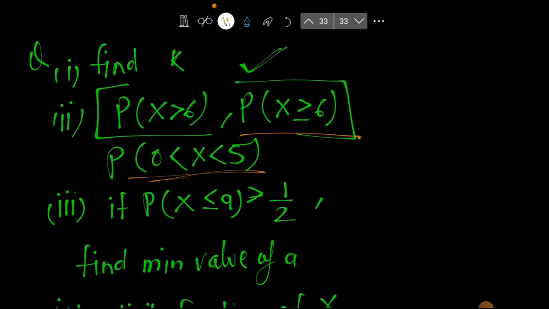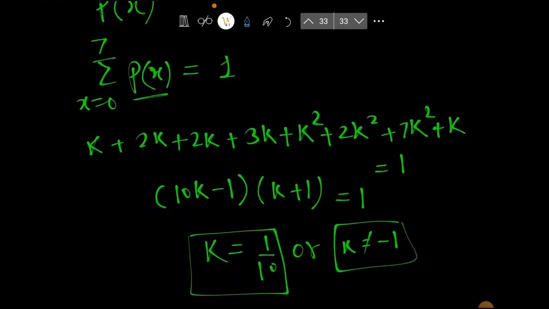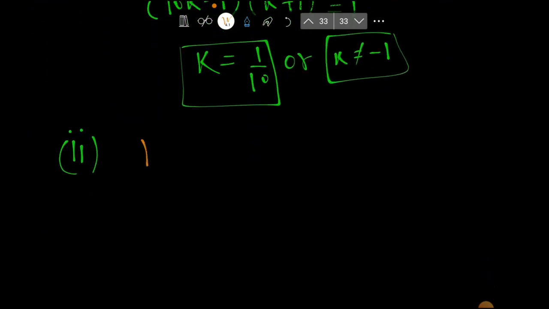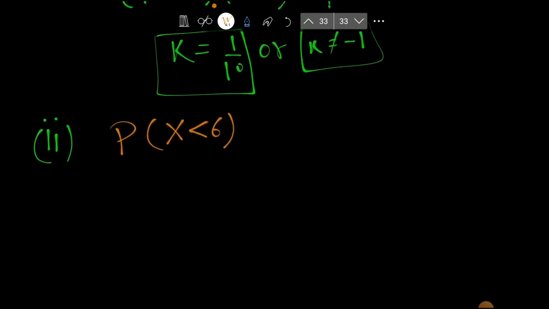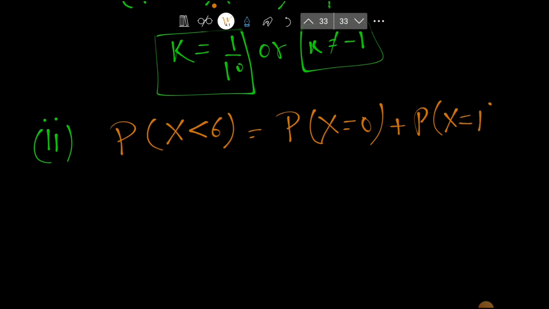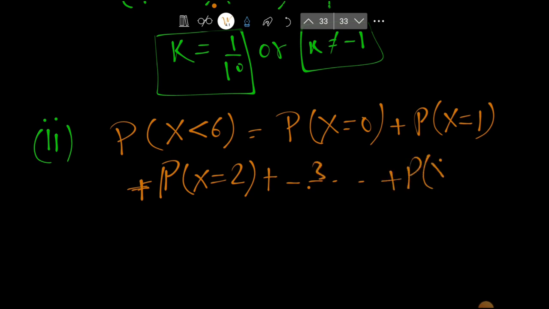And now the second question is to find P(x < 6), P(x >= 6), and the value between 0 and 5. So how to find it? Let's begin. First is P(x < 6). If we take the values less than 6, we simply sum up all the values: 0, 1, 2, 3, 4, 5. The last term is x equal to 5.